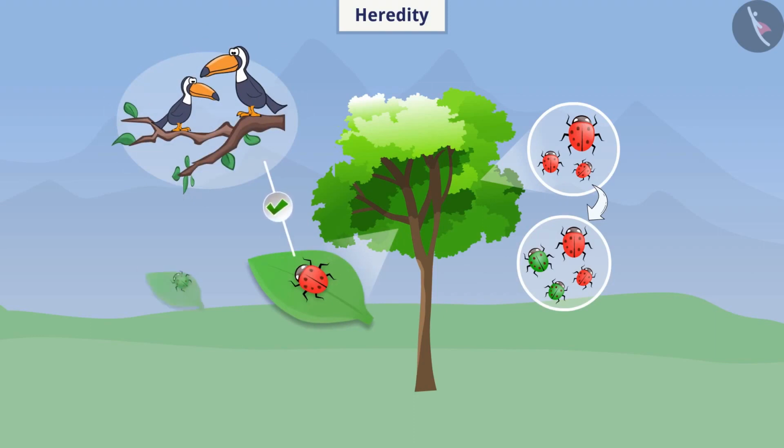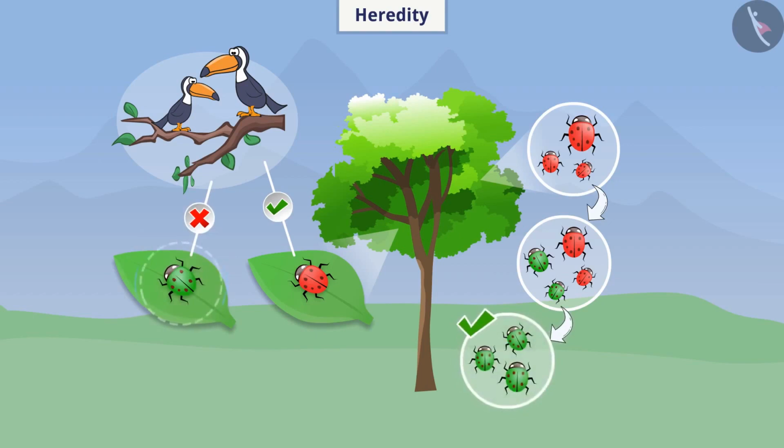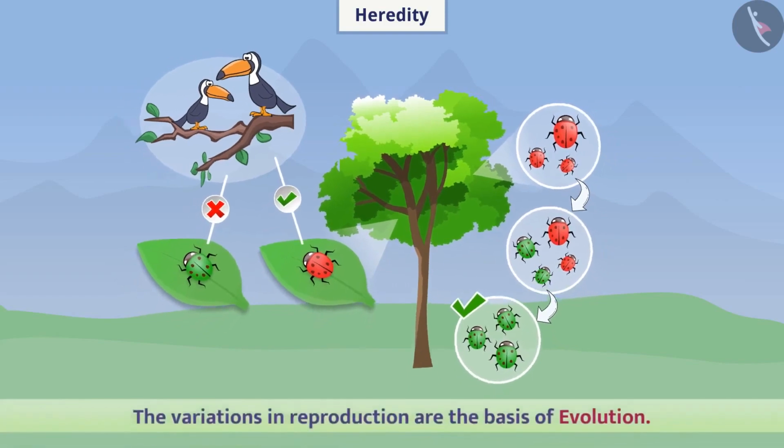But green insects can hide themselves in the green color of leaves. In this way, there will be a possibility of survival of the insect species. In this way, variations help in survival of the species. Therefore, we can say that the variations in reproduction are the basis of evolution.